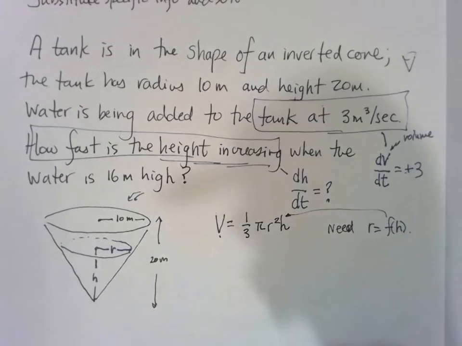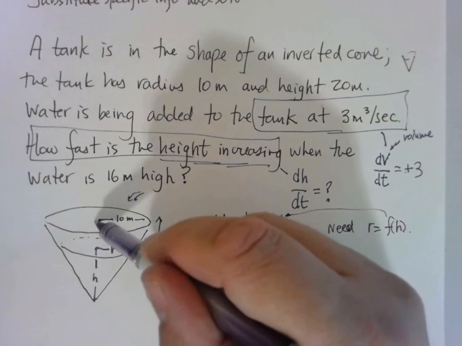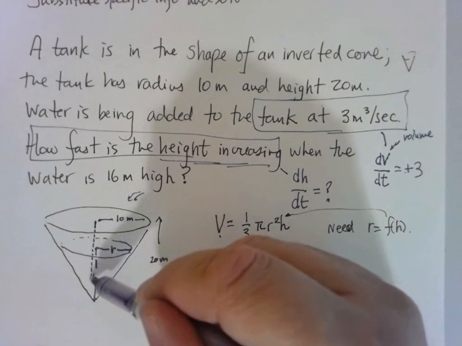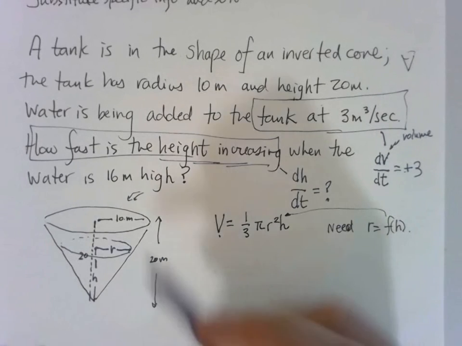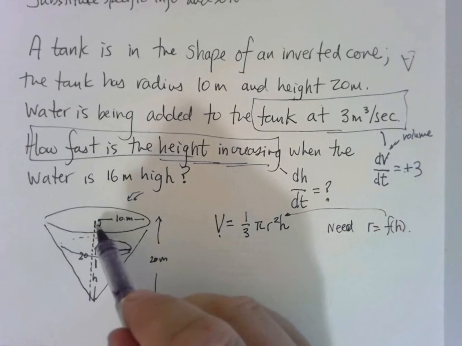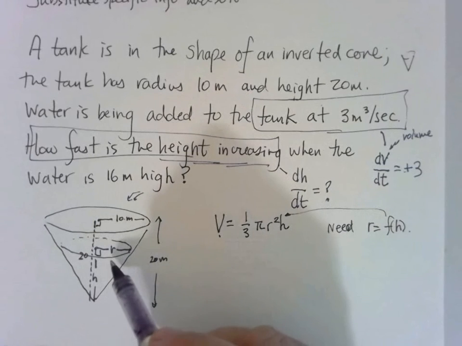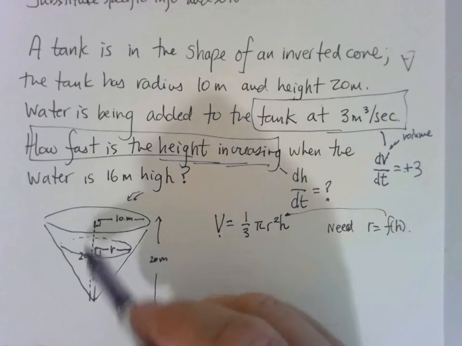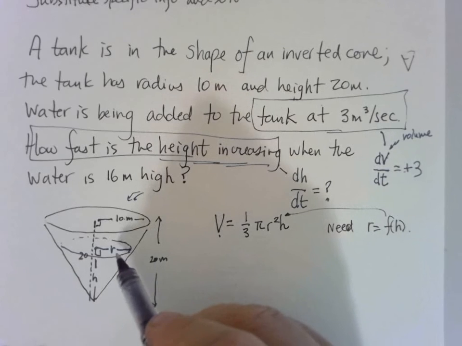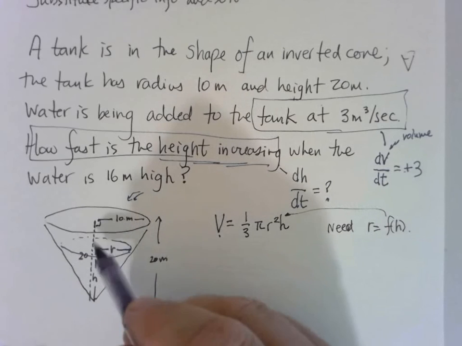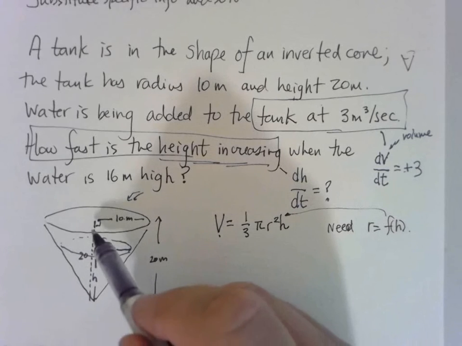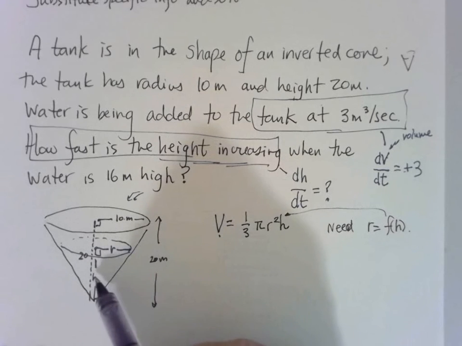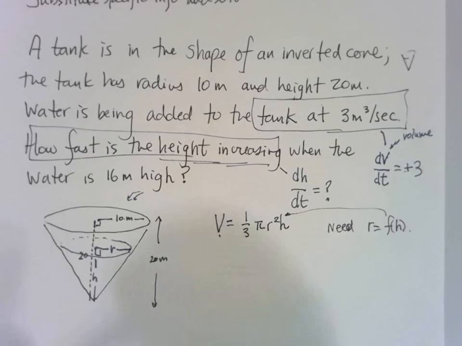If you look carefully in this picture, this is why I chose this example, because it's a tricky example. There are similar triangles here. This is 20, this is 10, and then here we have this right angle, and here we have a smaller version of this triangle. And because these triangles are similar, the radius here is half of the height, and everywhere as we go down, that will also be the case.